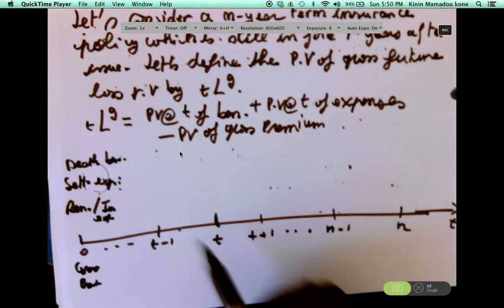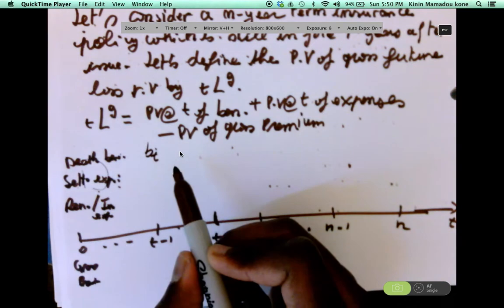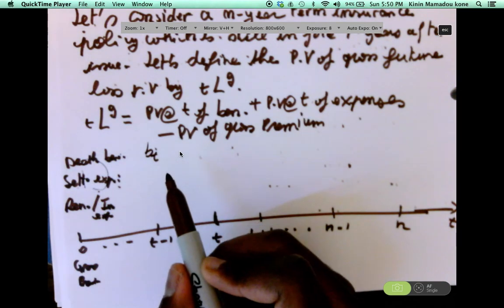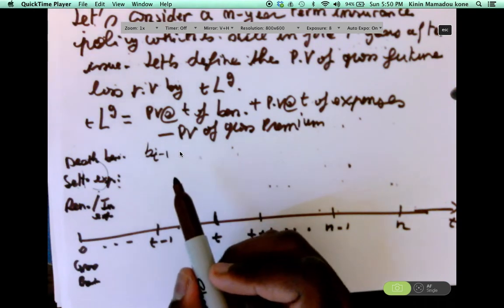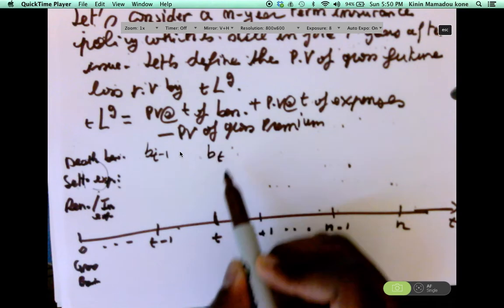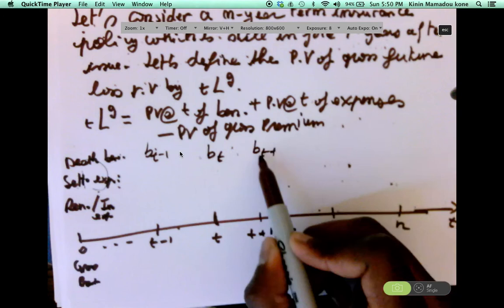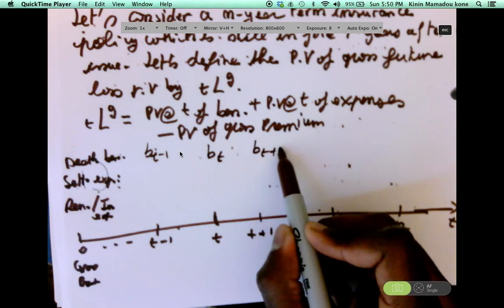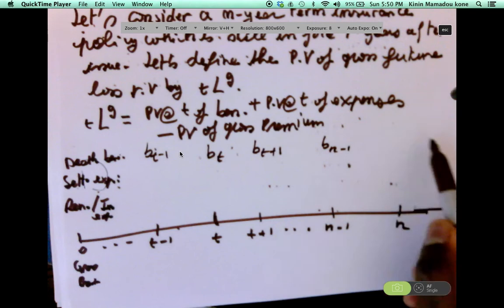So B t minus 1 is the benefit. The benefit is paid at the end of the year of death, so for the benefit at time t, we look at t plus 1, up to n minus 1, and the last one.